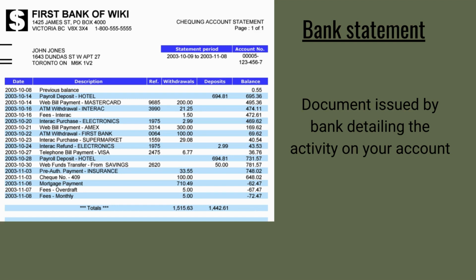Basically, it's a document issued by the bank detailing the activity in your account. It shows you your balance, how much you've deposited or withdrawn from your account, and it also has a description detailing where you've spent the money, where you've withdrawn the money, and where you've deposited the money.